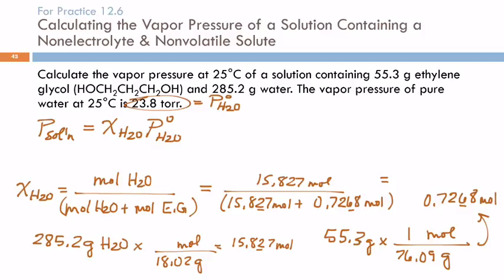15.827 divided by the quantity 15.827 plus 0.7268, 0.9560. No units on that, it's a mole fraction.